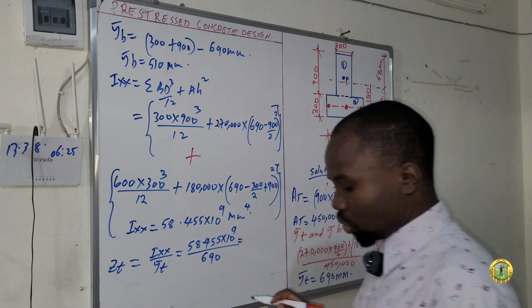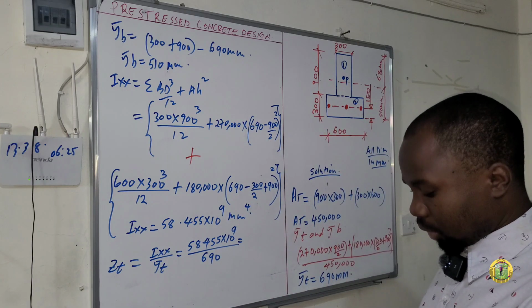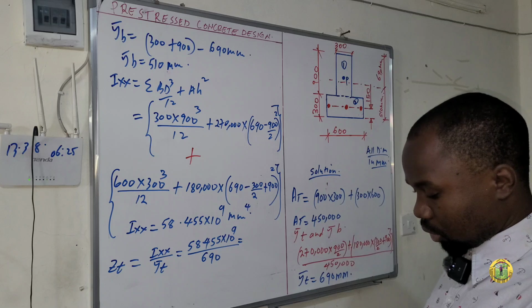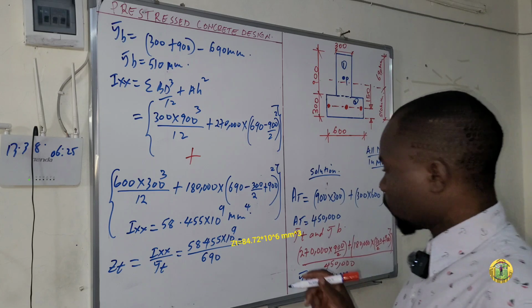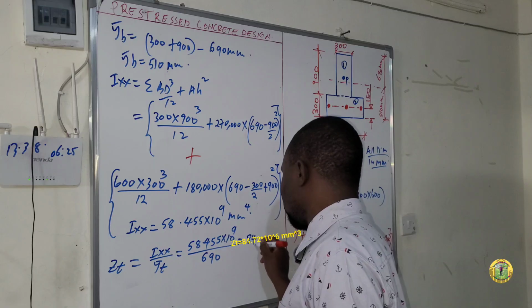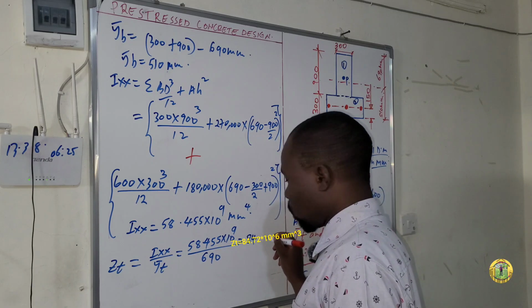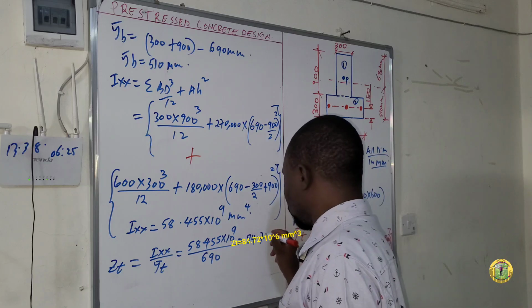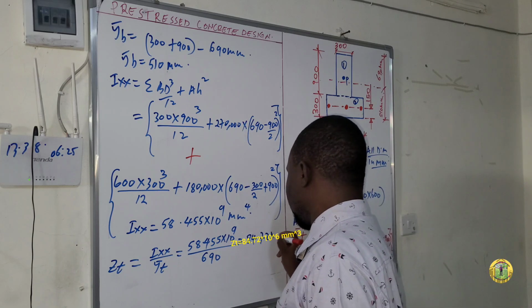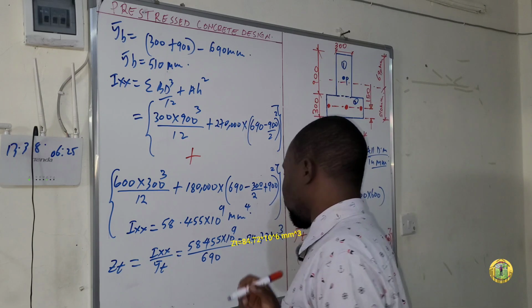So this one is equal to, divide 690. So this is 84.72 millimeter to the power of 3.